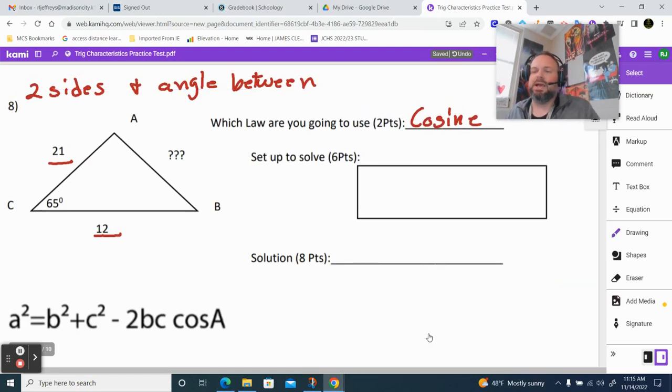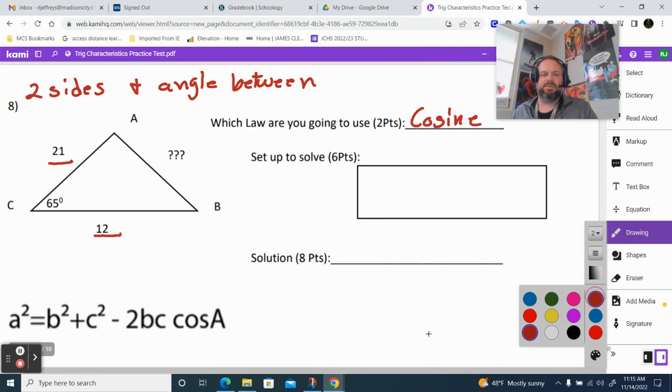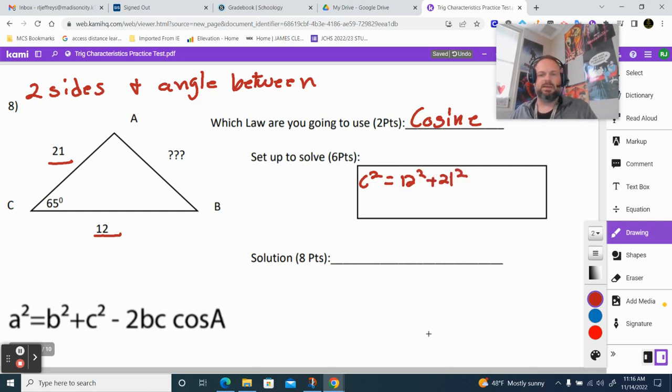You could write this x. This is technically little c. We could say little c squared equals 12 squared plus 21 squared minus 2 times 12 times 21 cosine of 65. That's part of it.